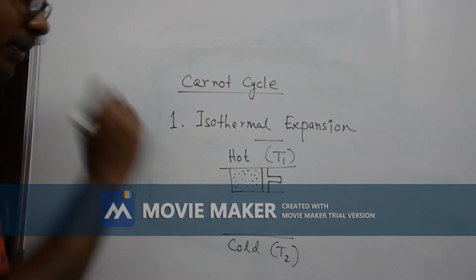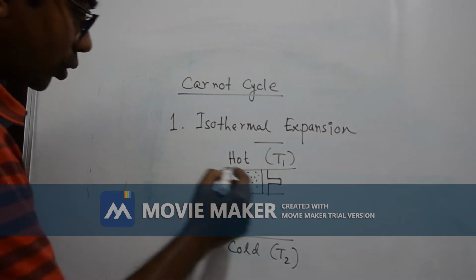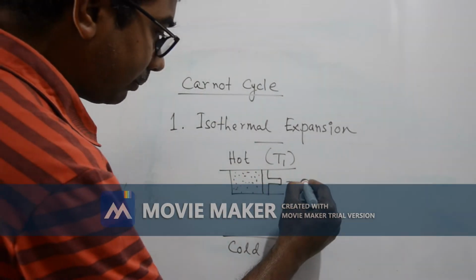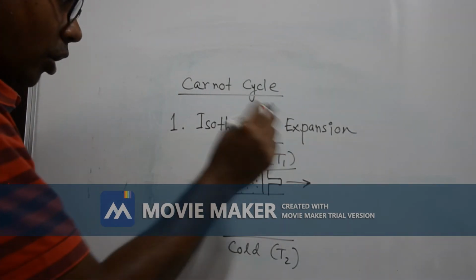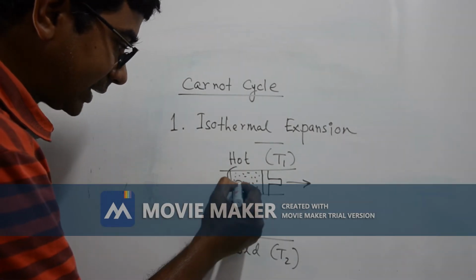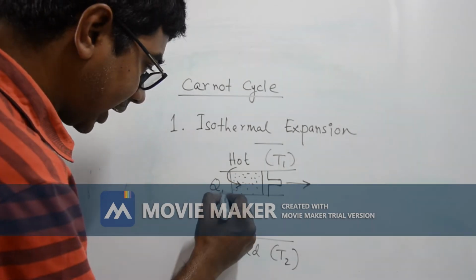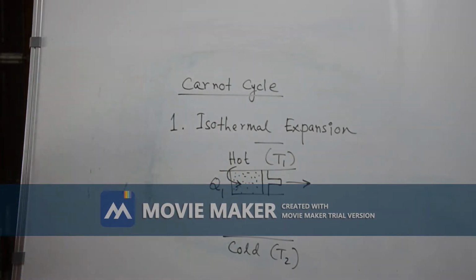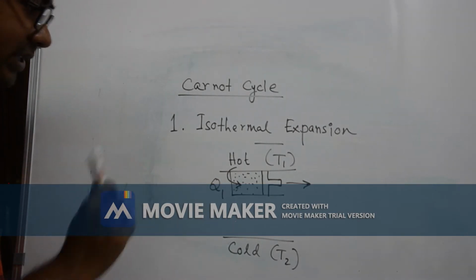It's the isothermal expansion, and the expansion happens at temperature T1. The gas is expanded, the piston moves out, and because the temperature is kept at a constant value T1, some amount of heat is taken from the hot reservoir, as expected. We'll denote the amount of heat it takes as Q1. That's the first step of the whole cycle.